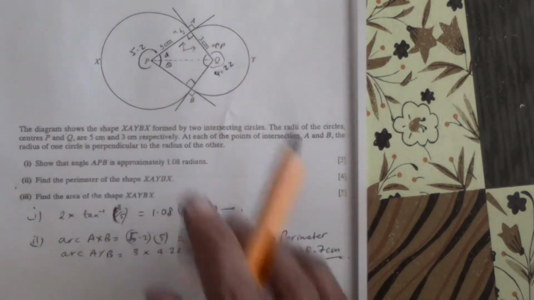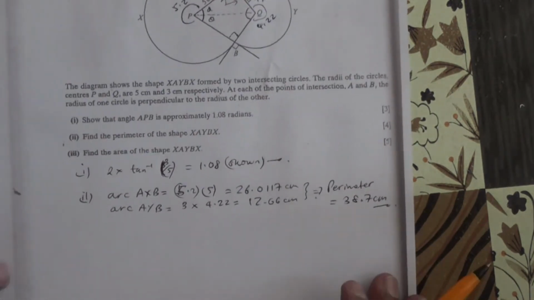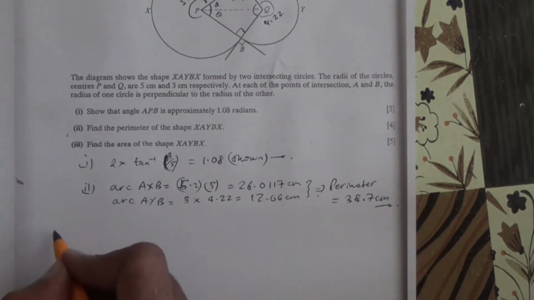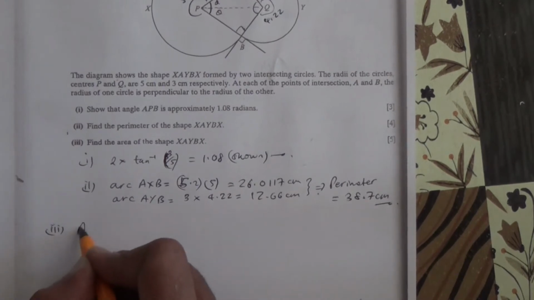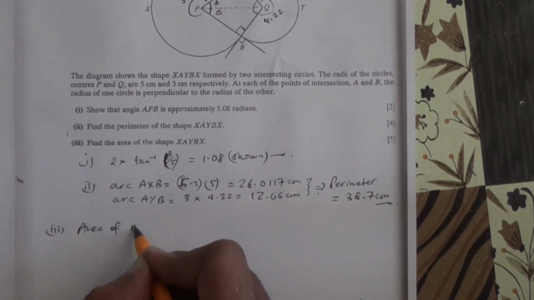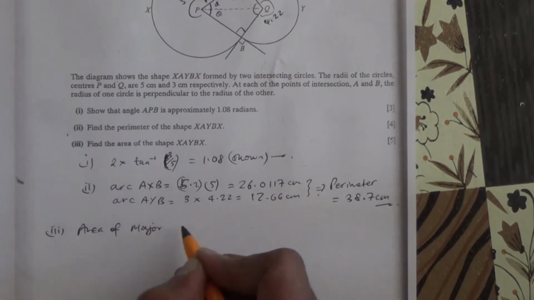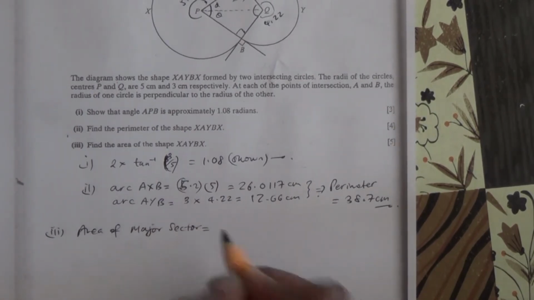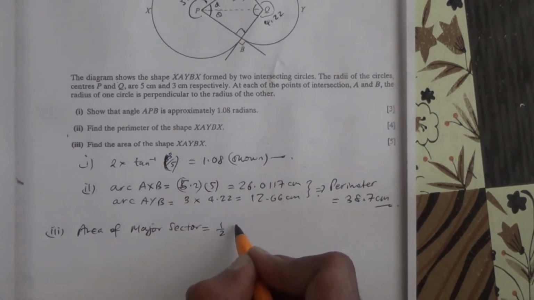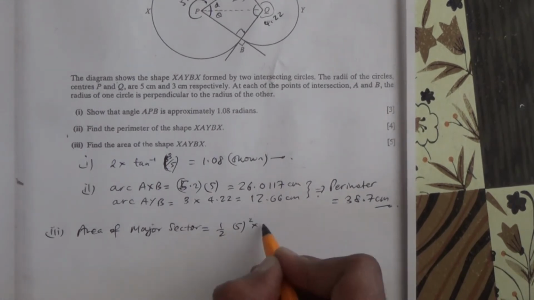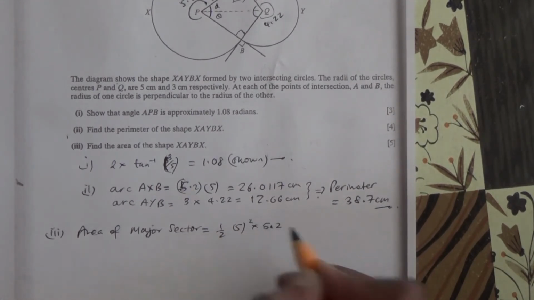Also the area of the shaded region, the area of the shape, this full area here, I can find major arc, minor arc. Okay, let's go ahead and find the area of the major sector, my mistake. So that's going to be half r square theta, half times 5 to the square times 5.2.